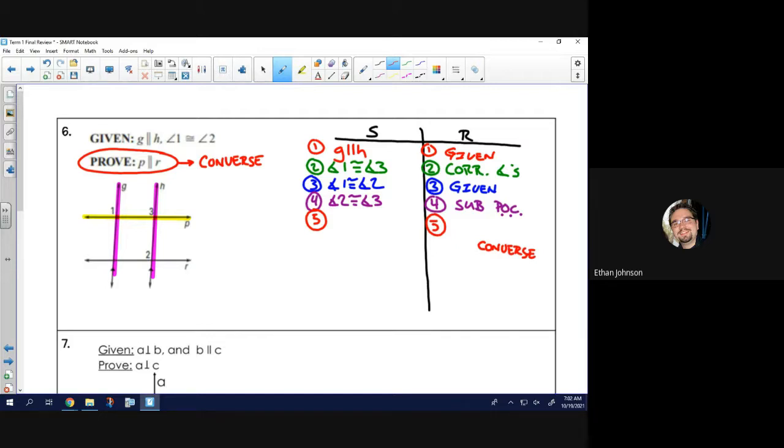So then what is the relationship between angle 2 and angle 3? Well, those are corresponding angles. So our reason is going to be corresponding angles converse. So because we use the converse, we can say P is parallel to R.